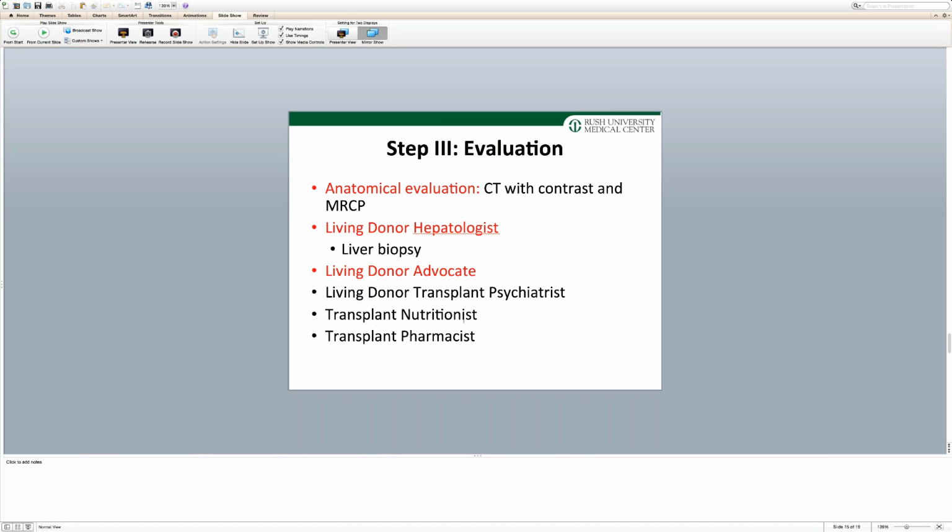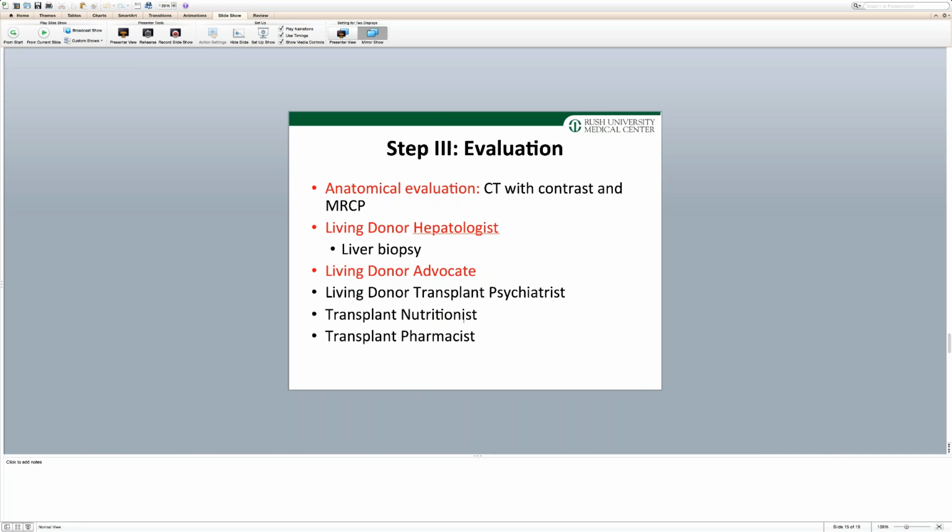Specific for this step is the meeting with the living donor advocate. The independent donor advocate is not involved with the potential recipient evaluation, and is independent of the decision to transplant the potential recipient.